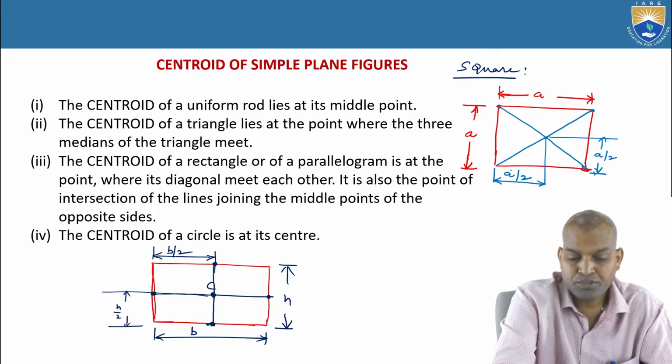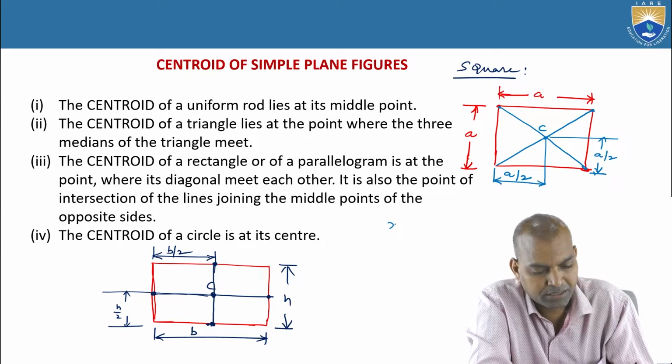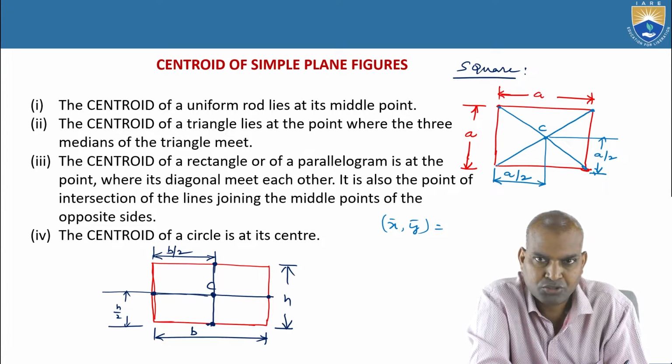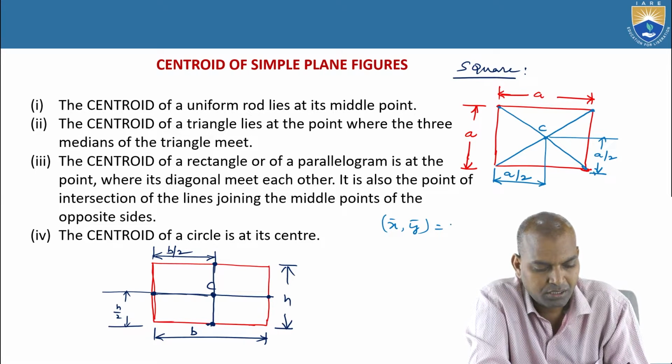A by 2 is the centroid of the square. So bar x, comma bar y. Bar x indicates the centroid of the square in the x horizontal distance, that is a by 2. Bar y is a by 2.